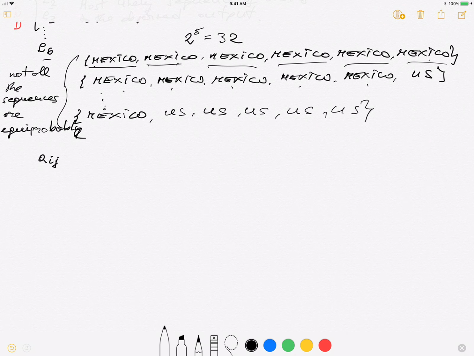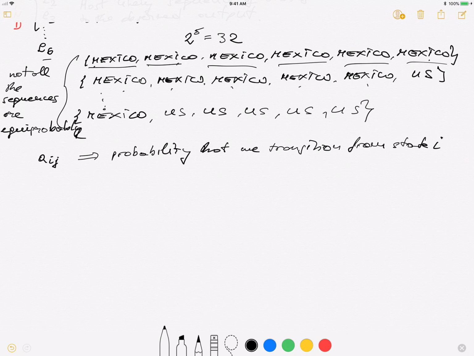I will introduce the following symbols. Aij is of course a probability. Which probability? The probability that we transition from state i to state j.